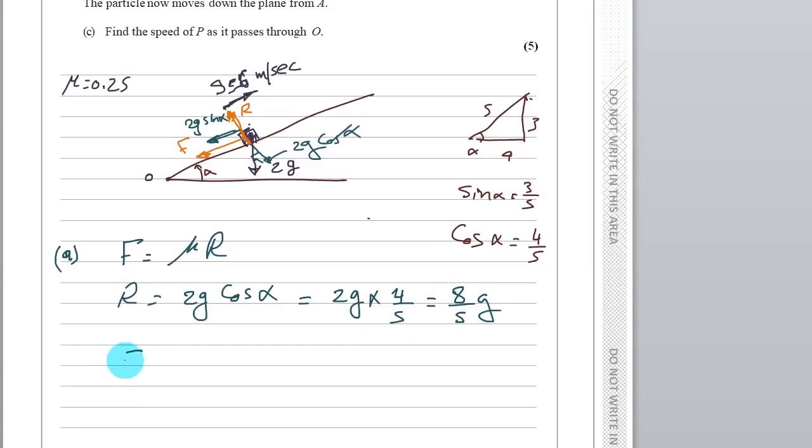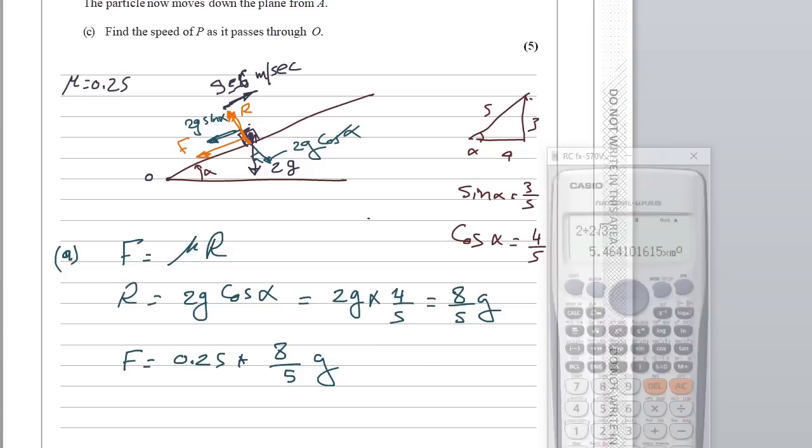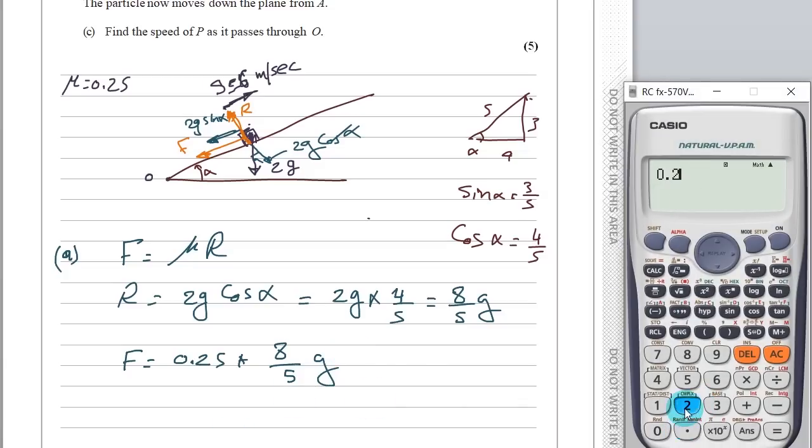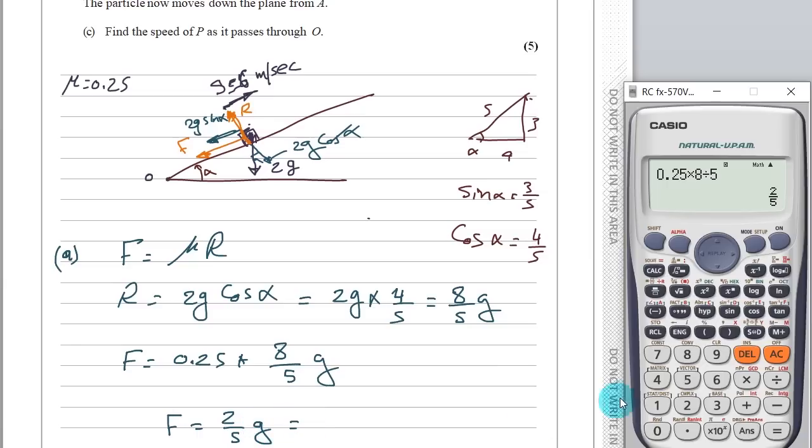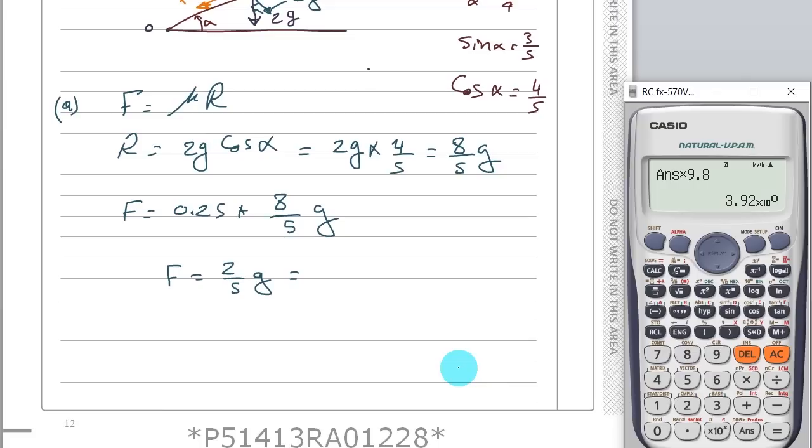So the friction force F is equal to mu, 0.25, multiplied by 8/5 g. So it is 0.25 multiplied by 8 divided by 5, so the friction force F is equal to 2/5 g, which is equal to 2/5 multiplied by 9.8. So it will equal 3.92.